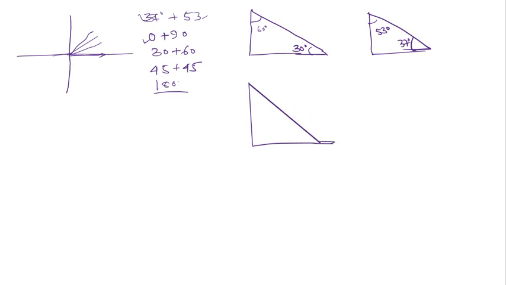Let me draw it properly. Okay, so this is 45 and 45, so we have covered 30 60, 37 53, 45 45. Okay, 0, 90, 180 we will cover.